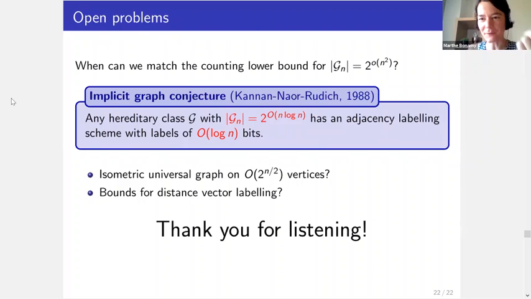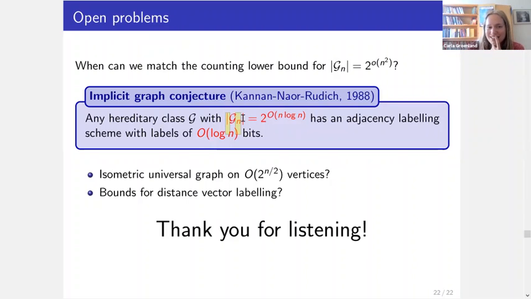So we have this theorem for dense graph classes, and there's this connector for sparse graph classes. So what happens in between? Can we have similar stuff, or do weirder things happen? You mean, well, I said this more generally, right?